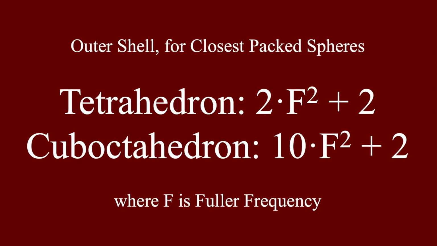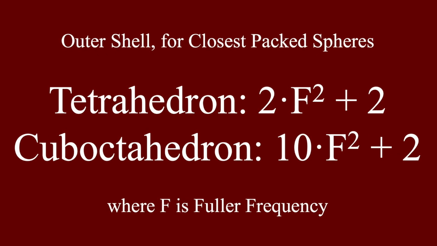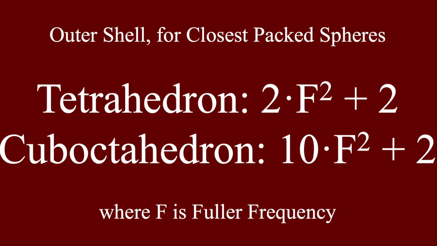You got a 4 frequency tet there, right? 1, 2, 3, 4. So 4 squared, 16 times 2, 32, plus 2 is 34. And there are 35 balls. So the formula works. When we added this one, we created a centroid, which you can see because we colored it red right there.